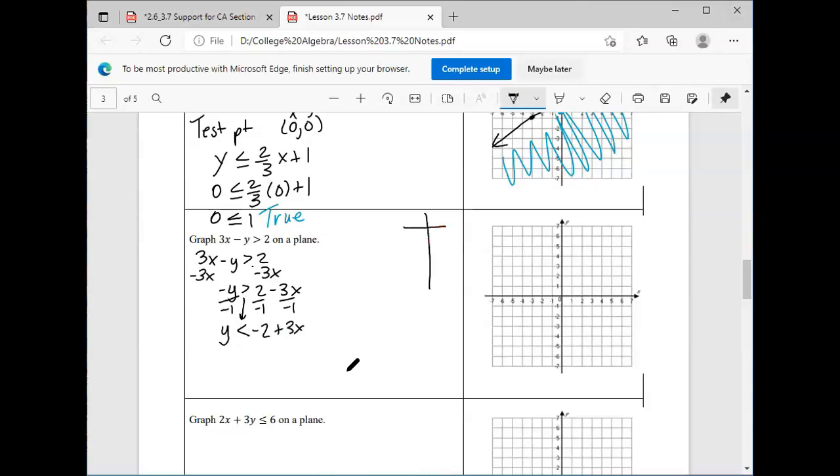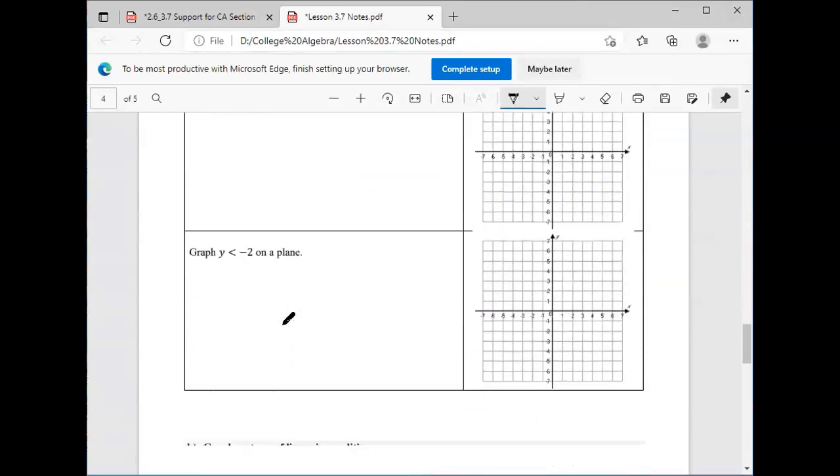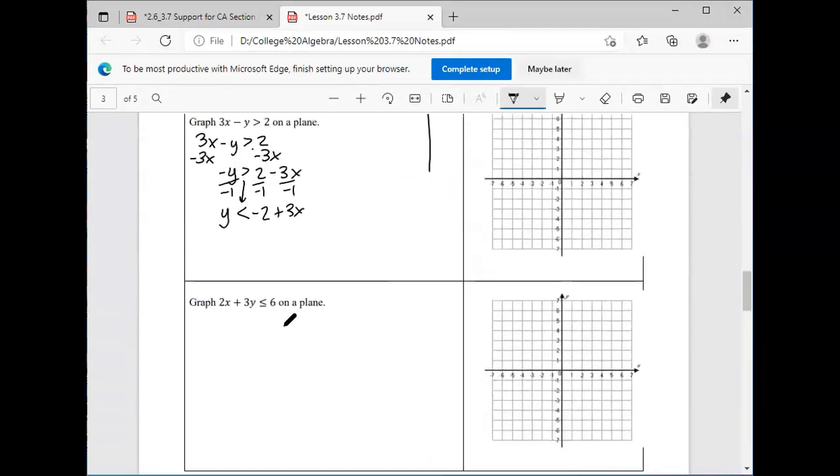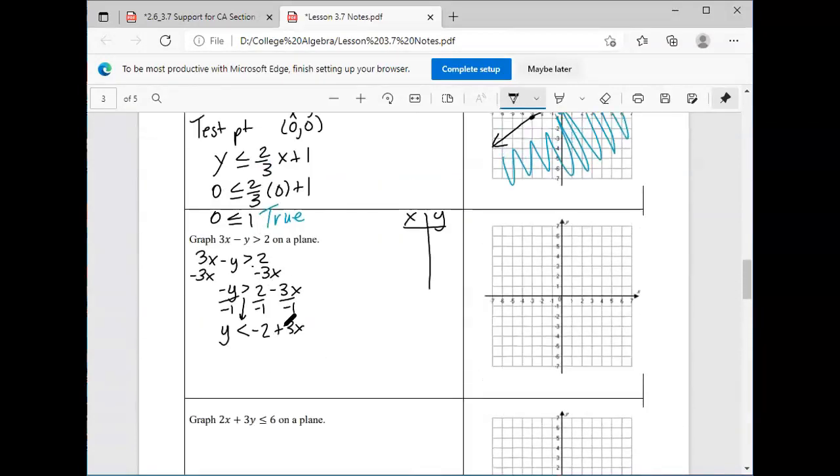Now we should be able to go to our calculator and type that in and come up with a couple of points. I'm going to let you guys do that. What are a couple of points that we can use for that? We're going to say -2 plus 3x. Somebody has got a point.